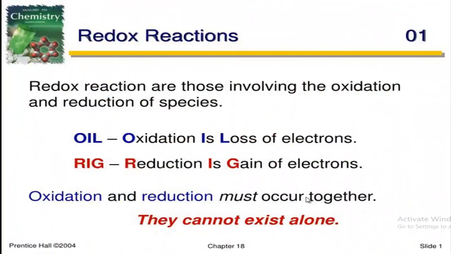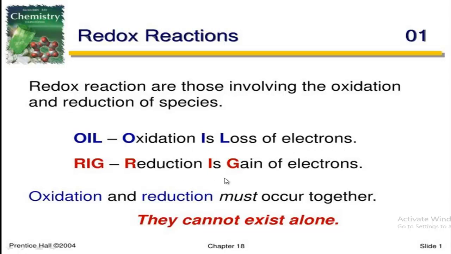At first, we have to know what redox reactions are. Redox reactions are those reactions in which both oxidation and reduction are involved. Oxidation means the reaction in which electrons are released, or loss of electrons occurs, and it is called an oxidation reaction.